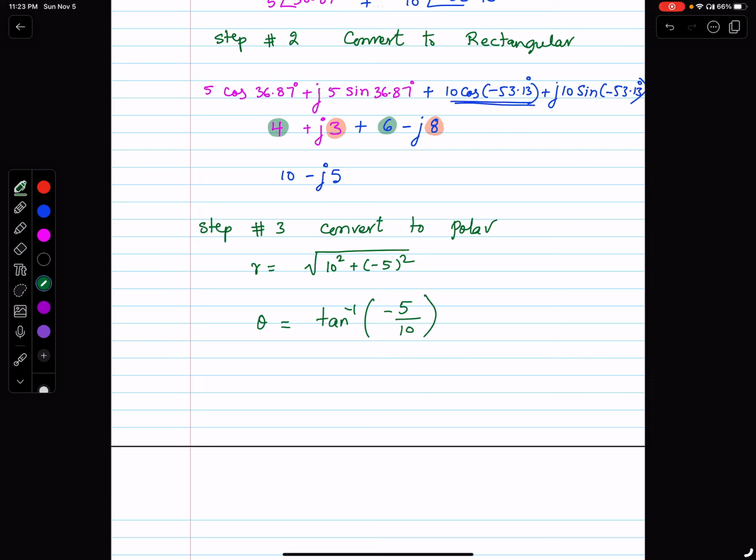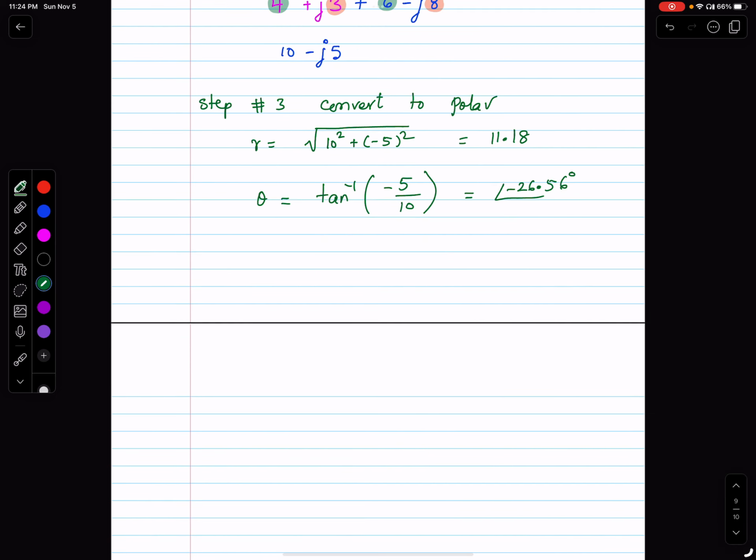Let's be very, very careful for this. Okay, so this is going to turn out to be 11.18, and this is going to turn out to be negative 26.56. Okay, we have to be careful with the angle here. Let's pay attention.